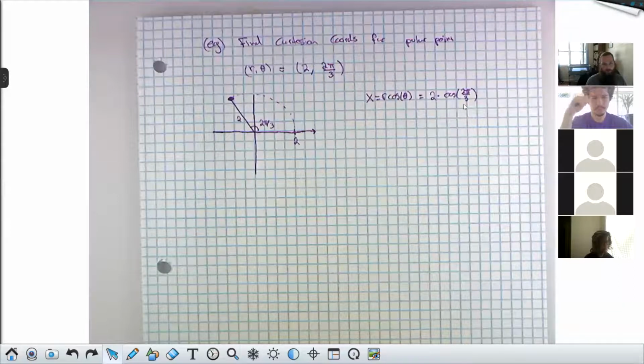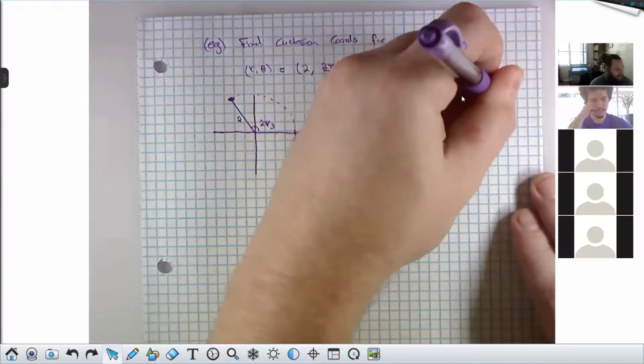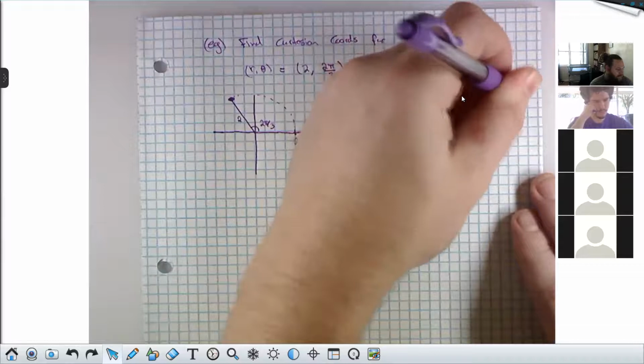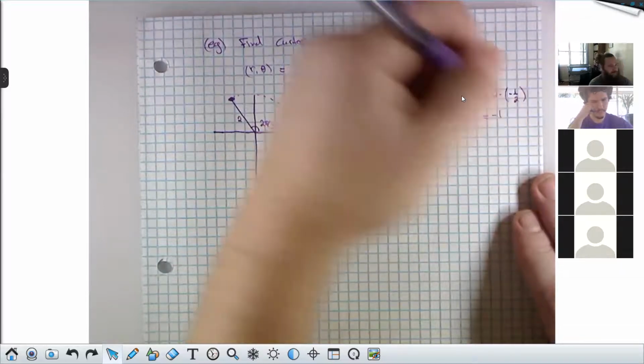Think about your unit circle. I think negative root 3 over 2 would be the cosine of 5 pi over 6. I think we're not quite that far. Negative 1/2. Yeah, negative 1/2. So this is 2 times negative 1/2, which is negative 1.